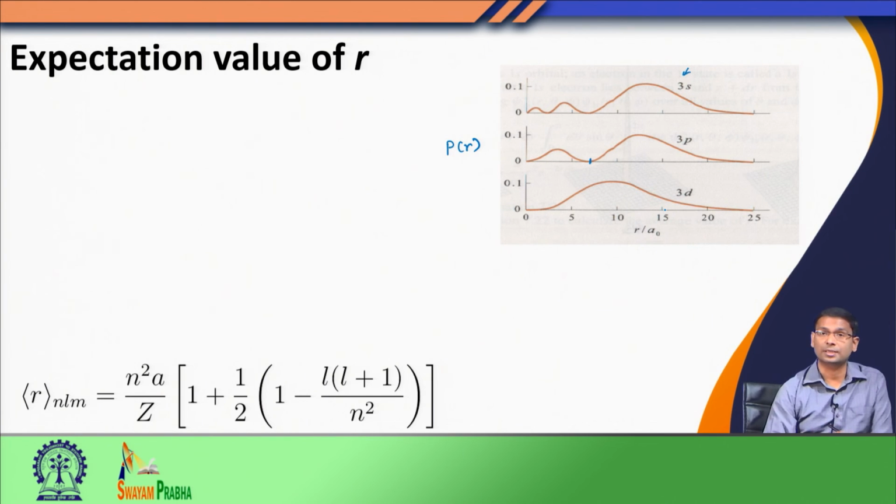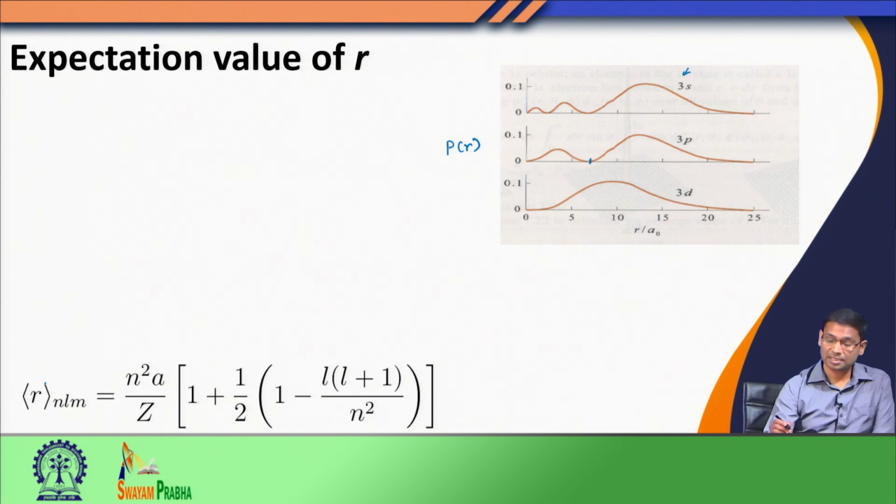This is in the radial distribution function. This we can obtain by using the relation that we just discussed. Now, what this quantity tells is that for a given value of n, when I increase L, the average value of r would actually become smaller.